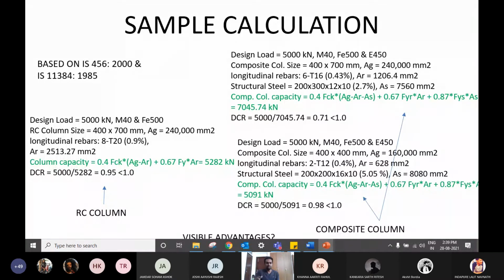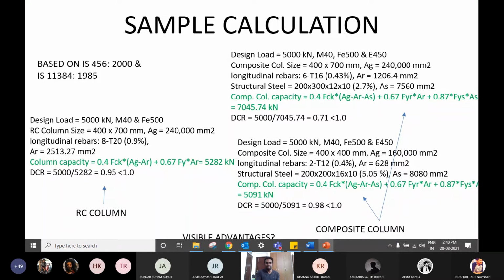You can remember it if you want to, but the idea is you are getting a column capacity when you plug in this formula and all our numbers here. Now, my capacity is more than my assumed design load, so I'm good. By how much factor? Like 0.95, so it has 5% reserve capacity, right?